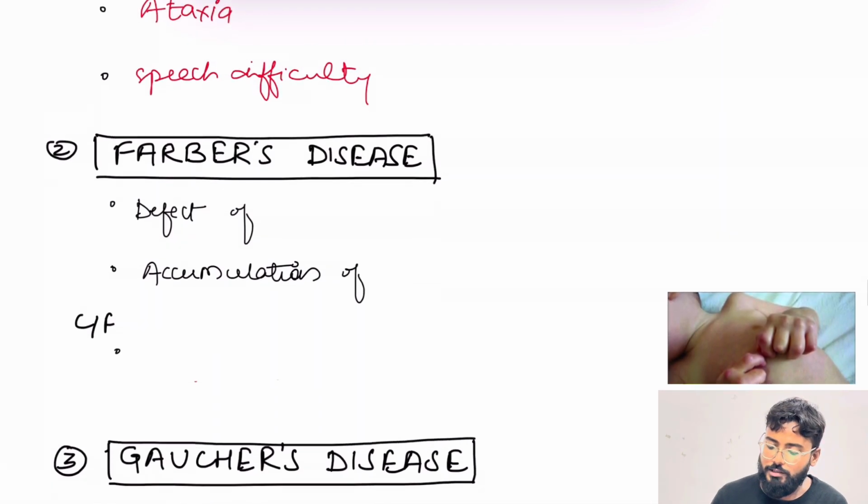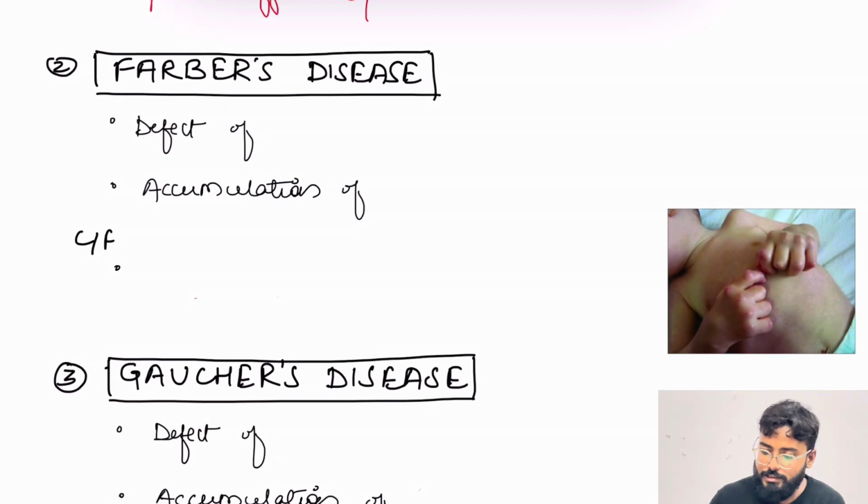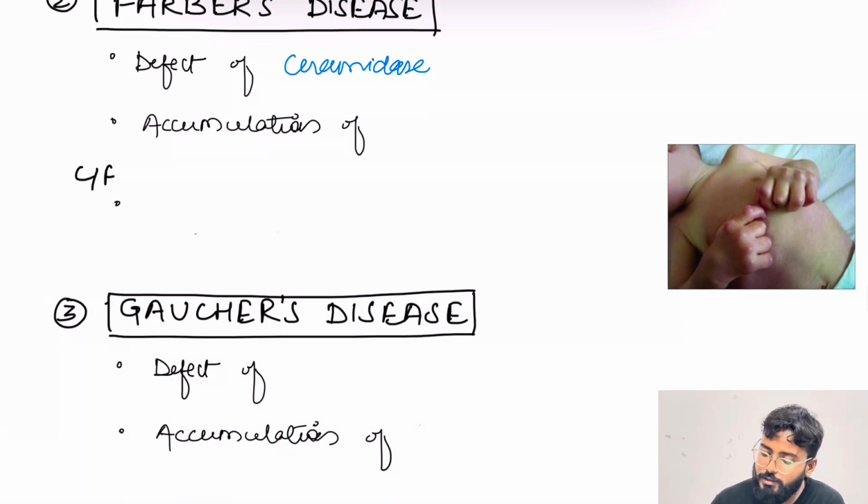Moving on to the next, Fabry's disease. The enzyme defective is ceramidase, and if ceramidase is defective, there will be accumulation of the substrate, that is ceramide. Ceramide is going to get accumulated. What is the clinical feature?